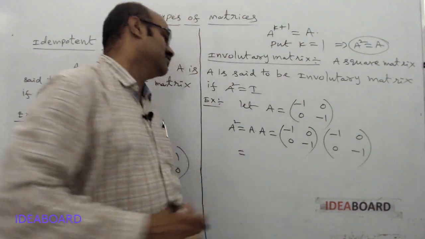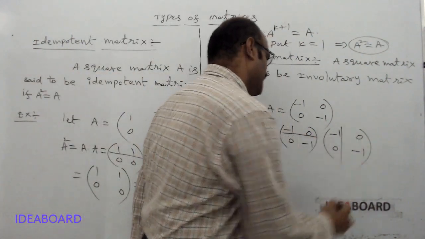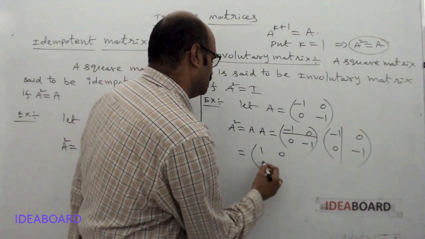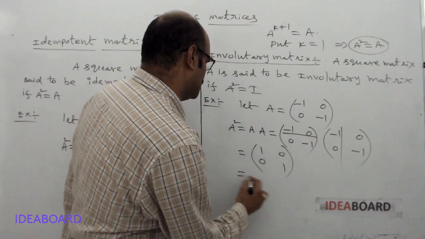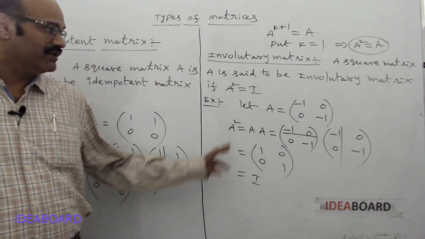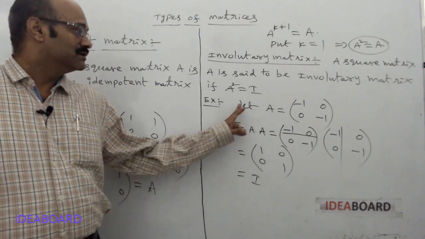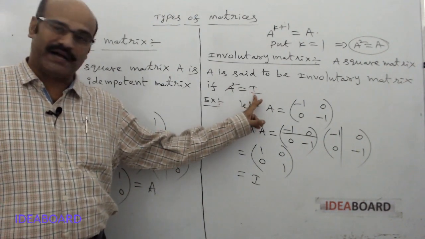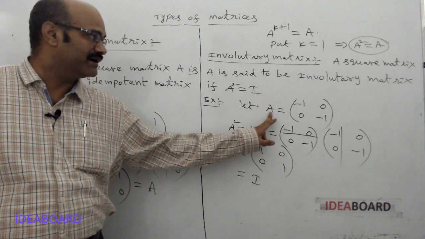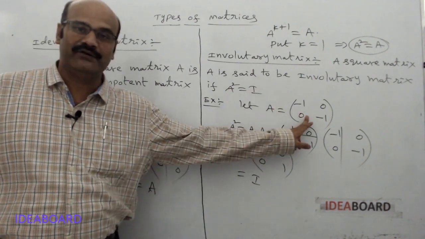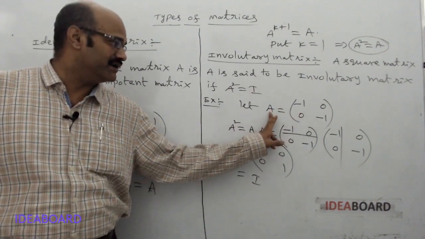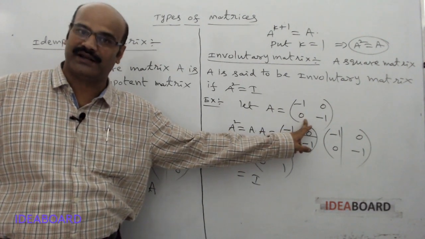After multiplying, we get [1 0; 0 1], which is equal to I. Whenever you take a matrix and you get A square equal to I, then we say that the matrix A is said to be an involutory matrix. Here the matrix A is an involutory matrix.